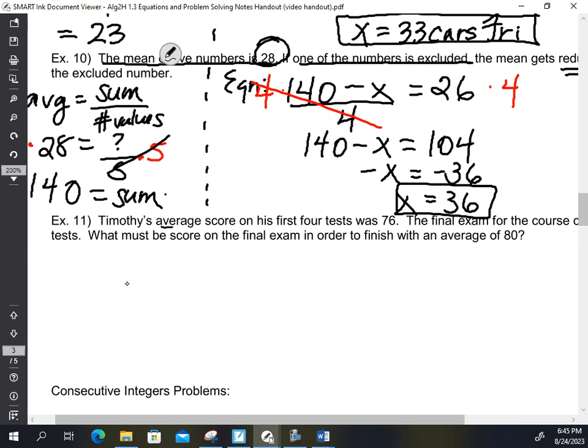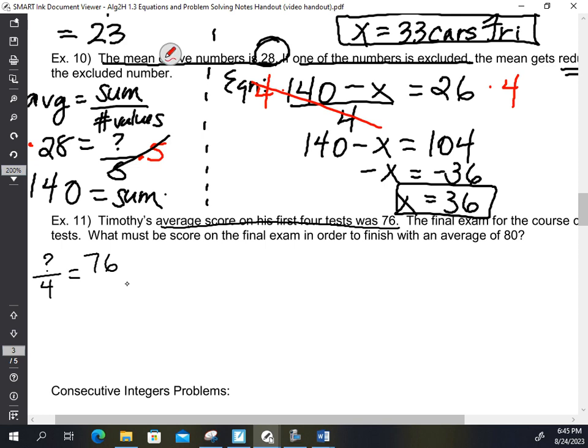So average score on the first 4 tests was 76. So we don't know what the first 4 tests were. Something plus something plus something plus something divided by 4 has got to give you 76. So we can find out what that sum is.